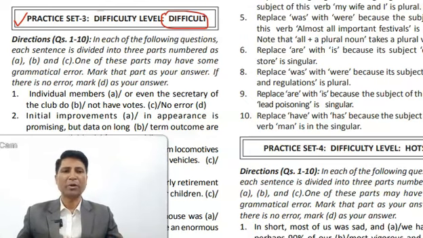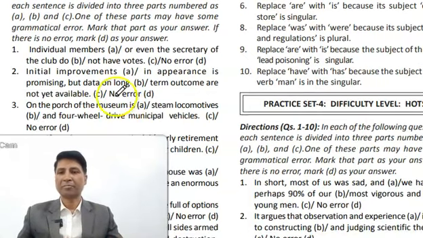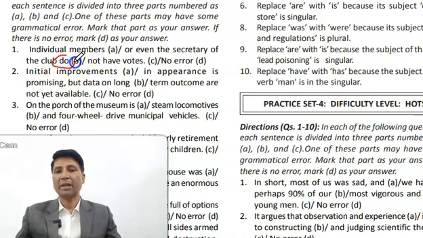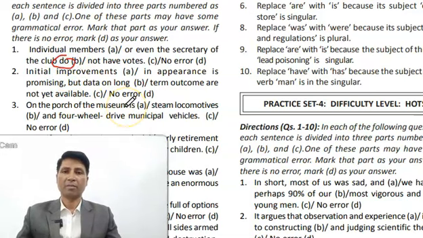For example, look at question number 1. How you can do it. Individual members or even the secretary of the club do not have votes. So your first work is to find out the finite verb, which is here. Then start finding the subject.